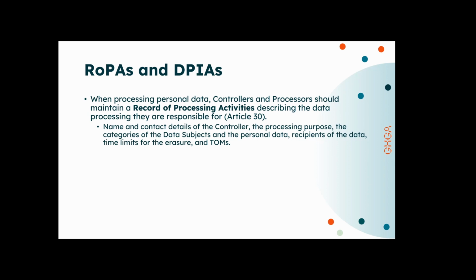And also your TOMs, your technical and organizational measures. So what processes do you have in place in order to protect the data, and what safeguards do you have around the use of the data? For TOMs, you might be thinking of something like having access controls to where the data is stored or where the data is being processed.